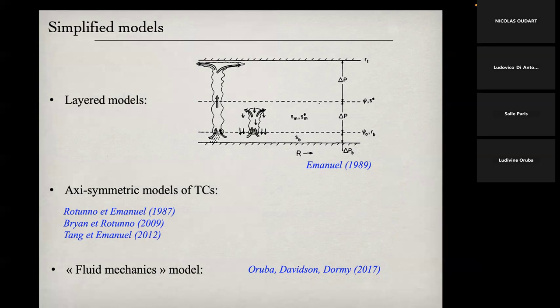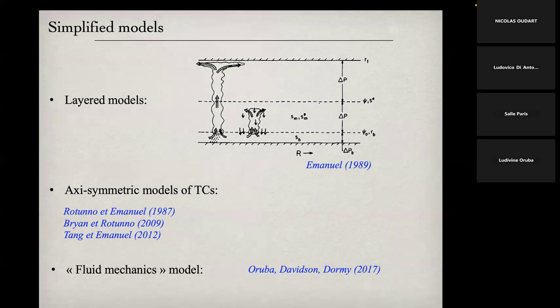So these models include several parametrizations of the subgrid effects. So for instance, parameterization for convection, turbulence, phase changes. So in that sense, the output of these models is very dependent on the assumptions which have been made in these parameterizations.